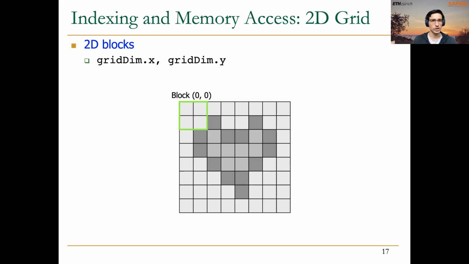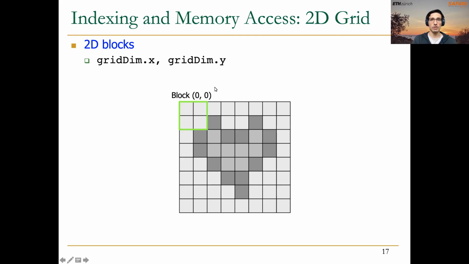We can do that using one-dimensional thread blocks and one-dimensional grids inside the GPU, or we can also use two-dimensional grids and two-dimensional thread blocks. In that case, we are using a number of threads in the X dimension and a number of threads in the Y dimension. These are given by the built-in variables gridDim.x and gridDim.y, as you can see on the slide.